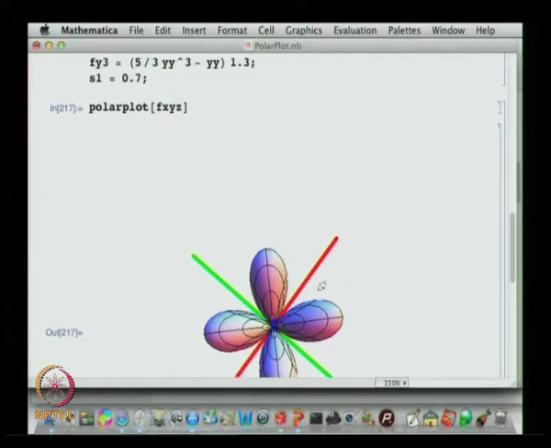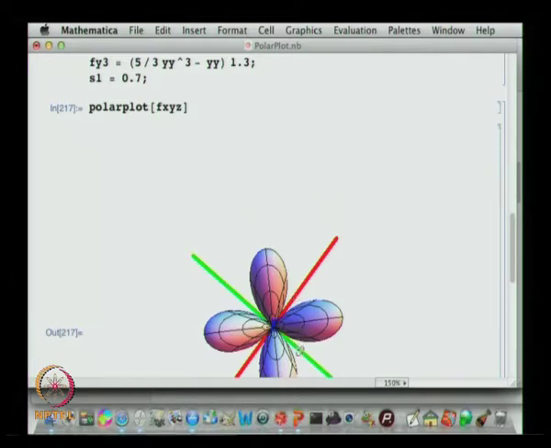Remember, red color denotes the x axis, blue color is the z axis. So this blue color along with this x direction is the xz plane, and you can see that the function vanishes.